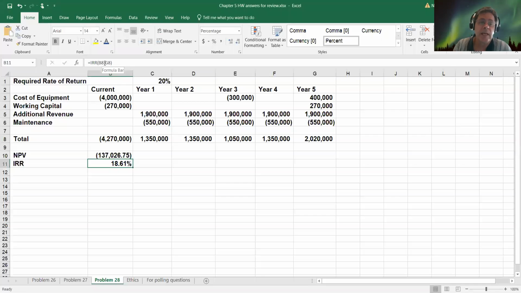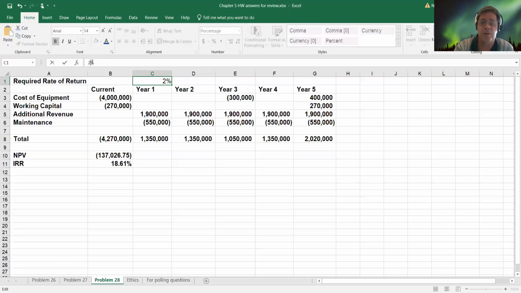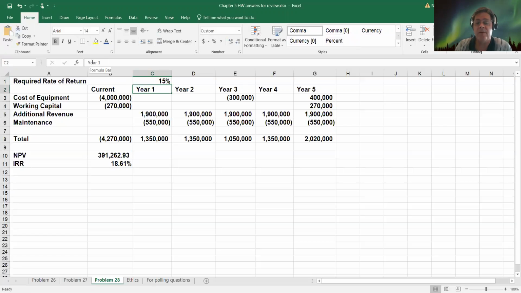If our required rate of return had been only the 15, just for kicks, and again, this was not what you were expected to do, you would have a significantly positive NPV, almost 400,000. So thinking through that idea and changing the required rate of return can have a huge impact on the decision you make.